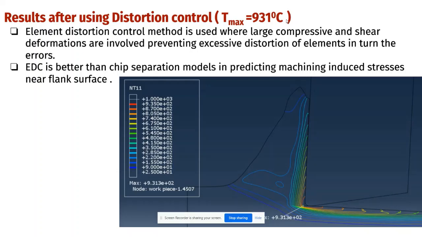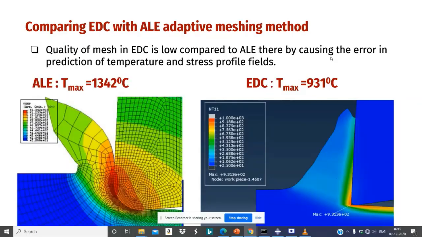A better way is to use ALE, but we were unable to resolve the error caused by excessive distortion of elements in ALE adaptive meshing. Simulation is performed using EDC, which predicted a maximum temperature of 931 degrees Celsius near the tool edge, when compared to the 1329 degrees Celsius by the ALE method in the paper.